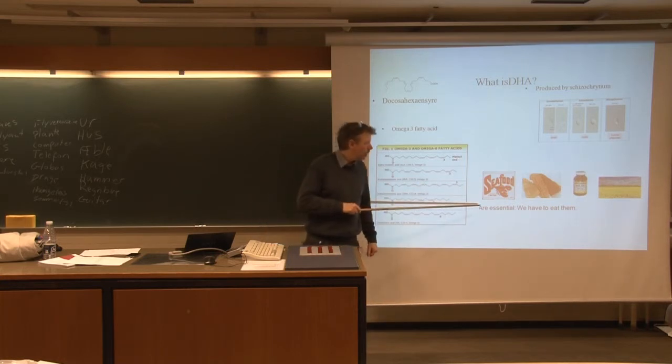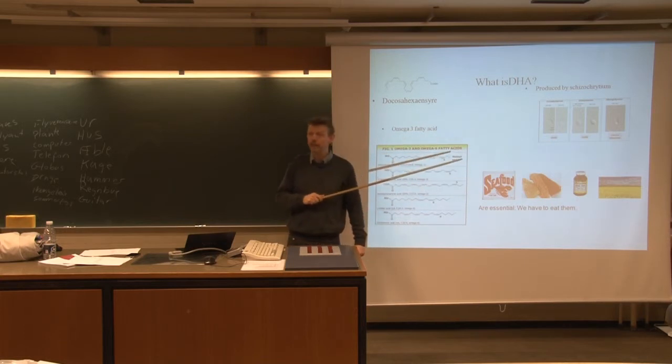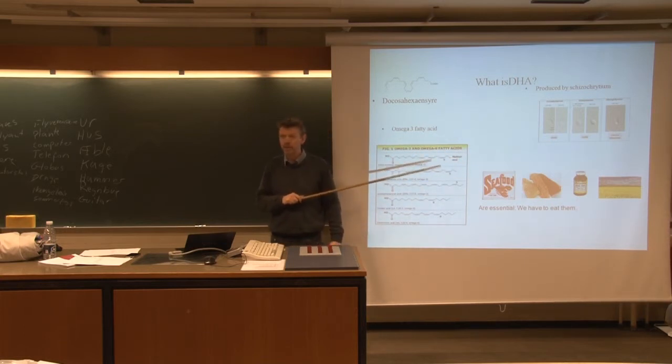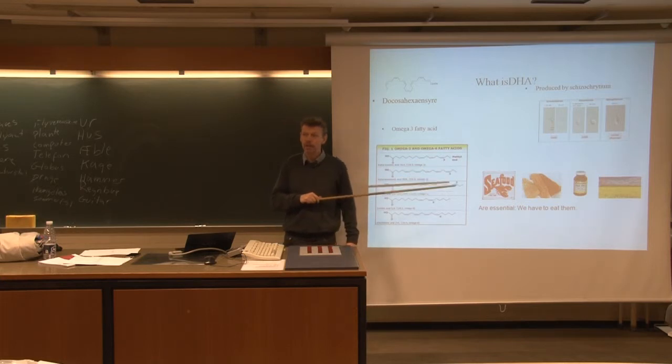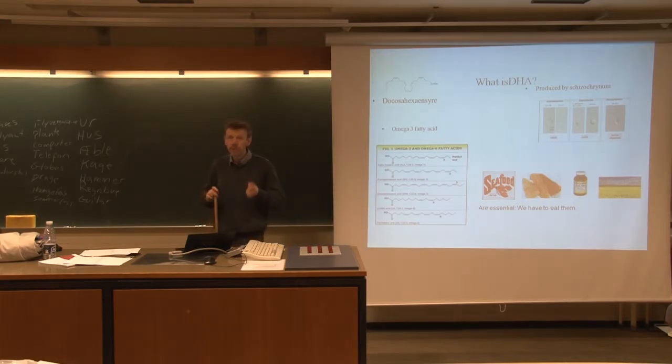So what is important for us is that we actually have to eat fish and similar compounds in order to get DHA. Our body is not equipped to produce any significant amounts of DHA. We can produce a little bit based on other omega-3 acids, but it's relatively limited.